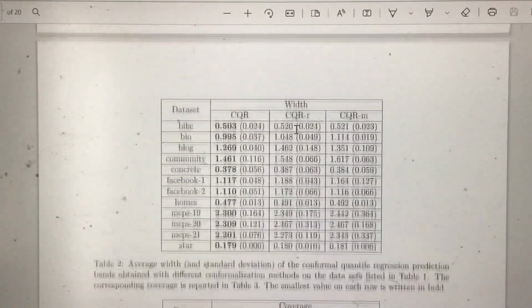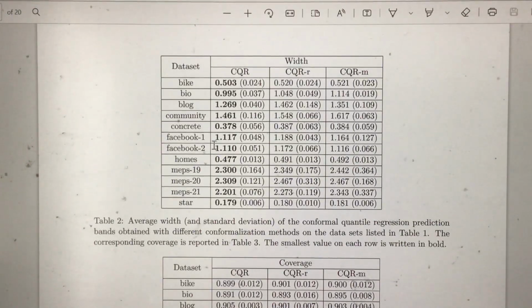They can get results from here. We can see the average length, and CQR has the shortest average length, better than CQRR and CQRM.